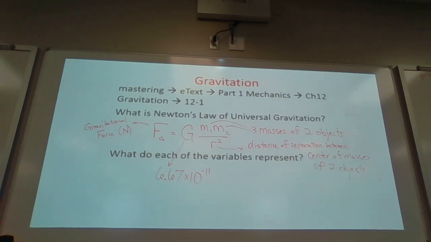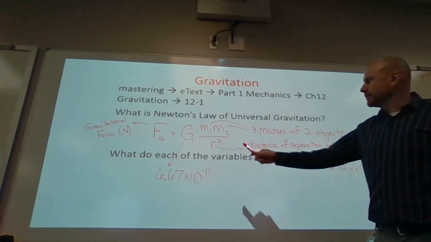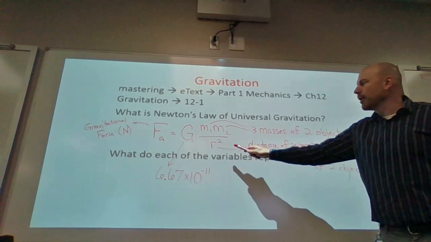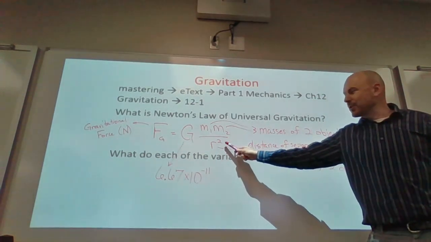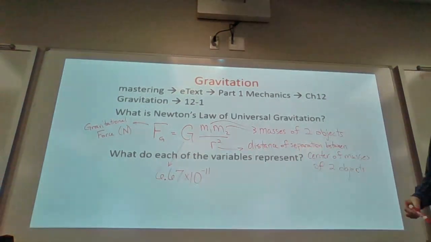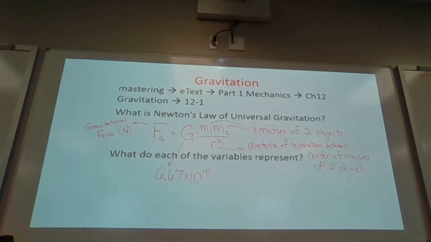So M1 and M2, these are subscripts. It's masses of 2 objects. R, this is squared. This is not a subscript. That's squared. It's the distance of separation between the center of masses of those 2 objects.